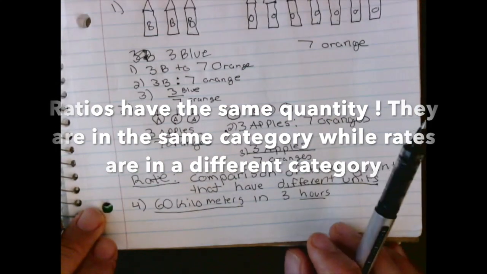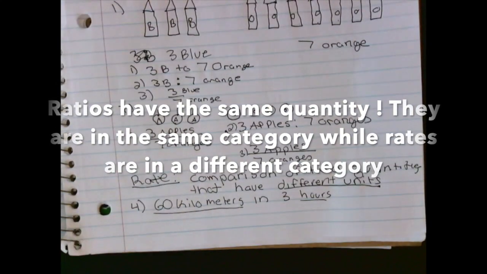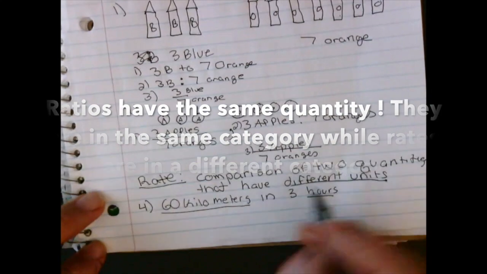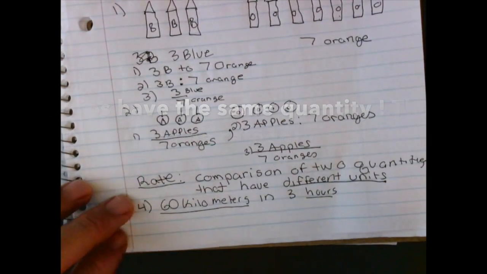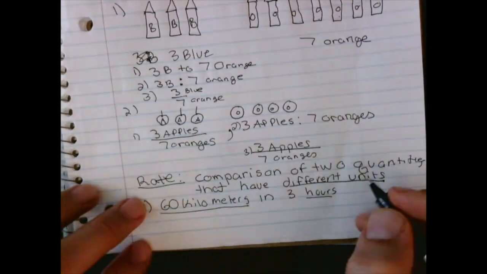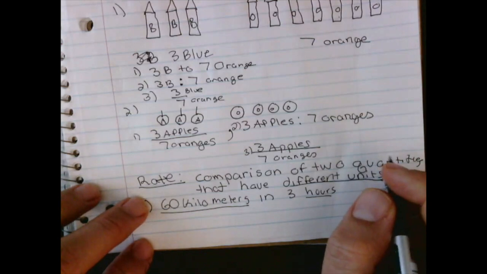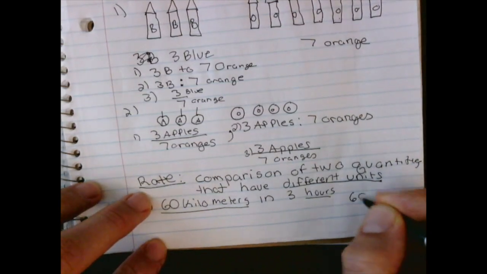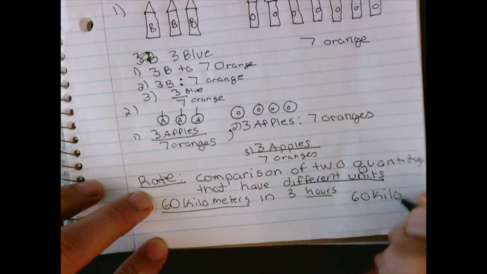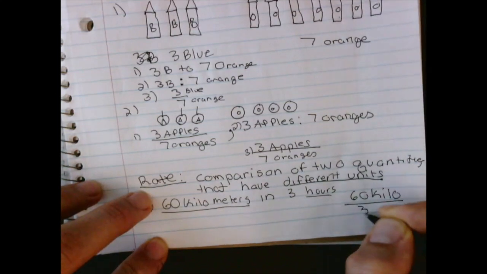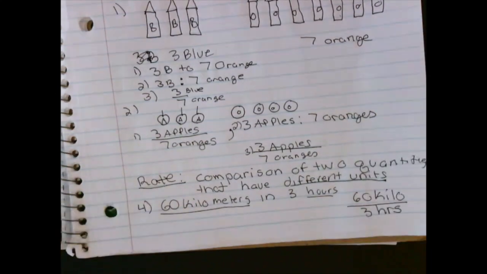Now we're looking at rates, so they're in different categories: kilometers and hours. We write a rate just like we write a ratio, which will be 60 kilometers for 3 hours. And that's it. It's a comparison of two quantities that have different units.